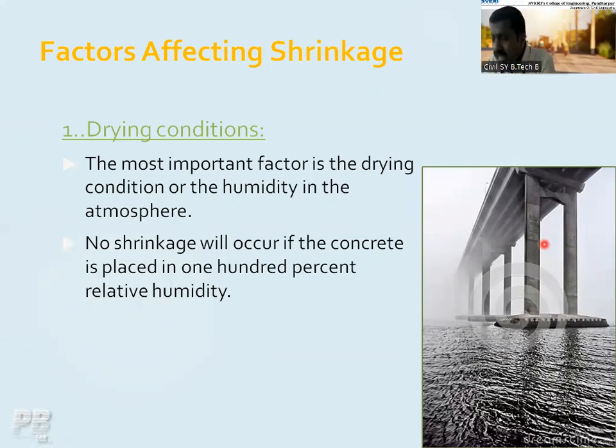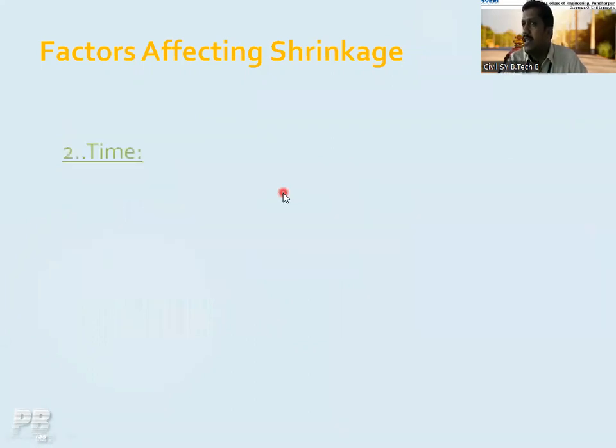So in such critical cases, it is very important for us to have a proper design of such structures to maintain the humidity. Otherwise, due to such critical conditions, there will be shrinkage, that is, change in the volume. Second factor is the time.